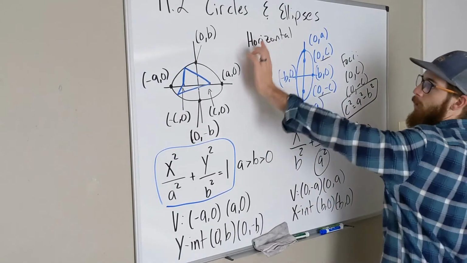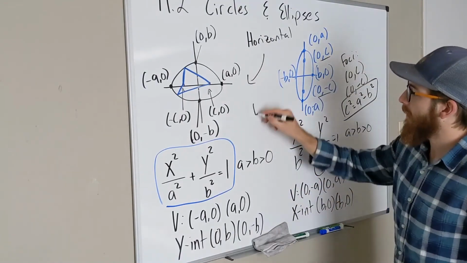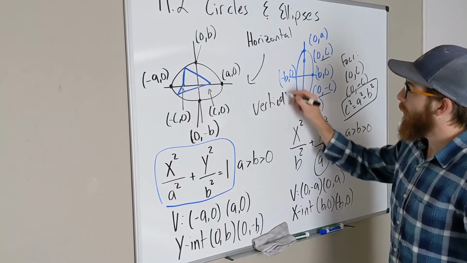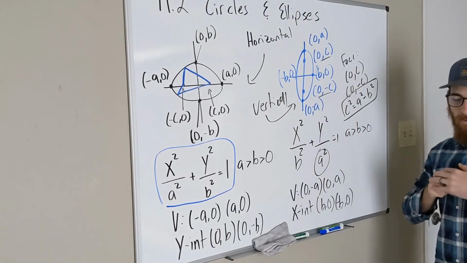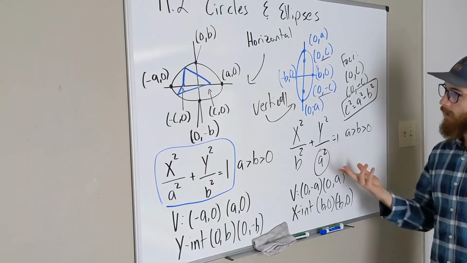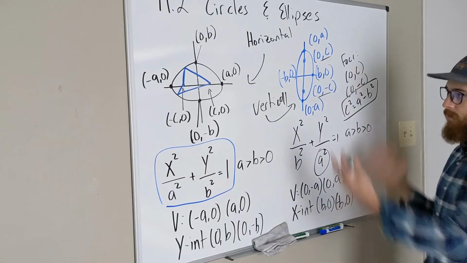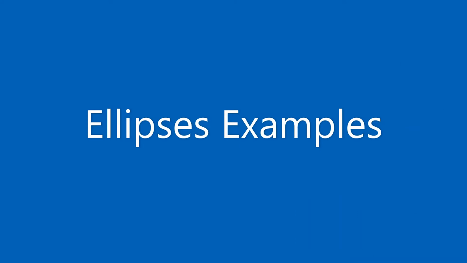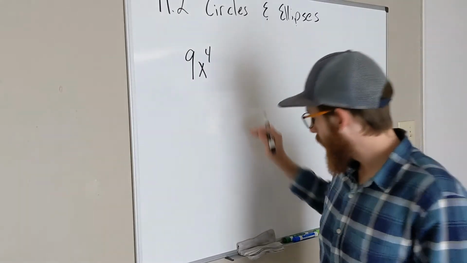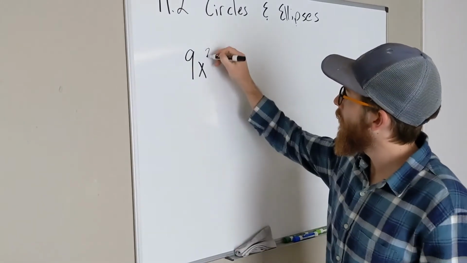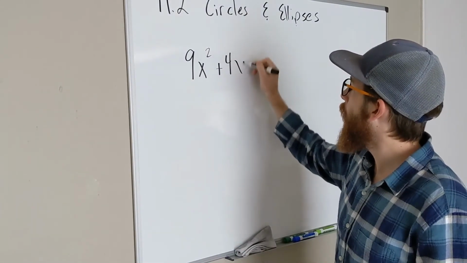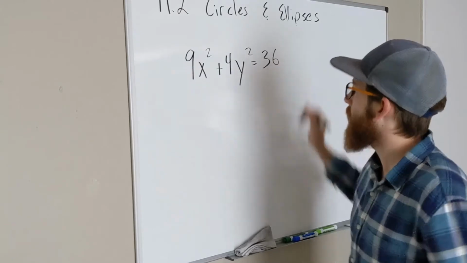So now we've looked at horizontal and vertical ellipses. Okay, now I want to do an example real quick of a simple ellipse that uses these ideas. So the example I want to use is 9x squared plus 4y squared equals 36.